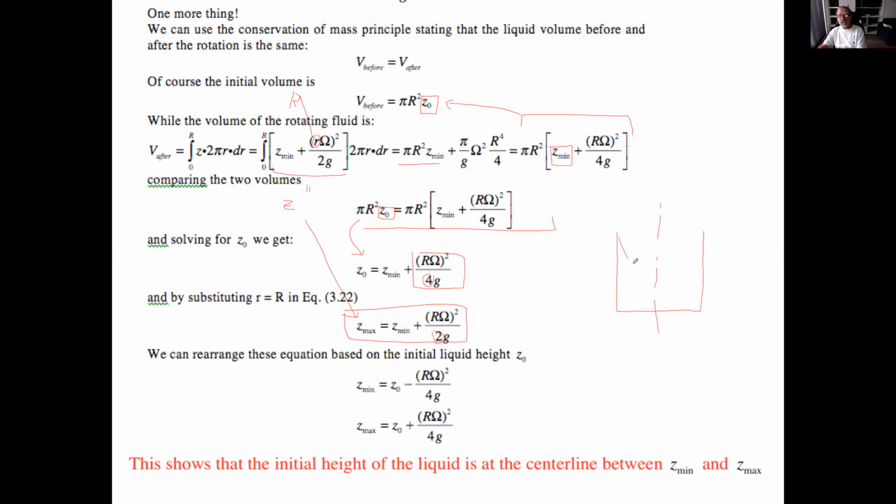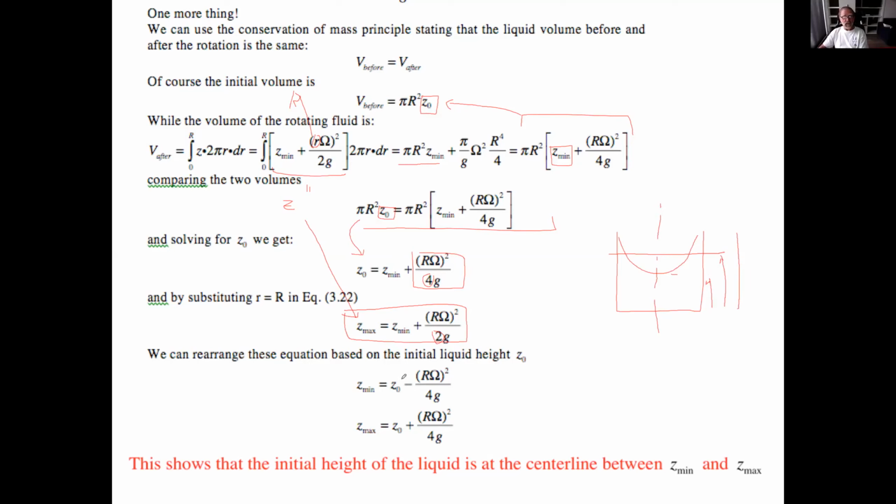First of all, this is a parabola, as we said. This is a parabola. And this is the initial volume, which is Z0. This is the maximum, Z max. And this is Z minimum. And this height is exactly in the middle. It bisects the two distances.